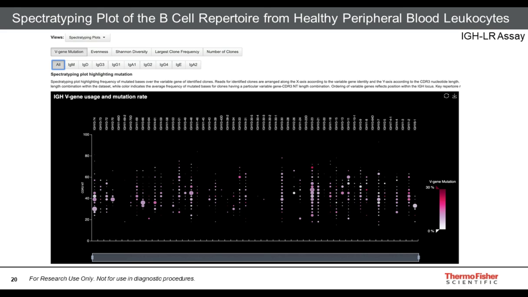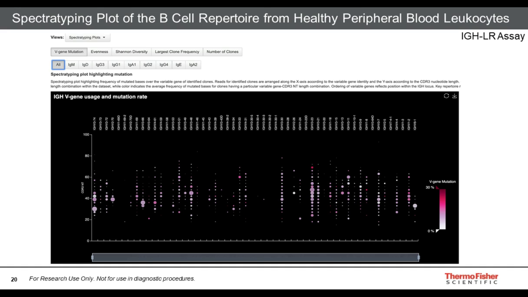And in this plot, the rearrangements detected in a sample are displayed from left to right across the plot by the variable gene identity, and along the y-axis by the CDR3 nucleotide length. The size of the circle indicates the frequency of a particular V gene CDR3 nucleotide length combination, and the coloring indicates the level of somatic hypermutation. So you can note there's a lot of information in a single plot.